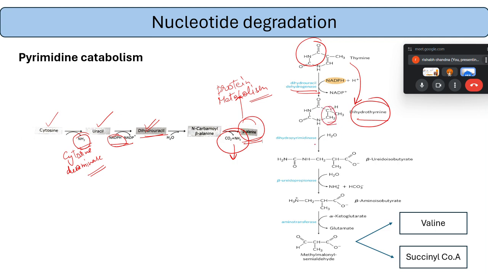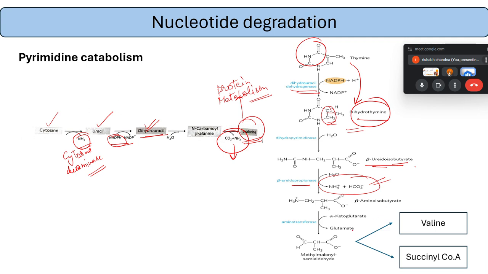Then using dihydropyrimidase, the chain is broken down, and beta-ureidoisobutyrate is formed. Now further, this particular enzyme degrades this compound and forms aminoisobutyrate, releasing ammonia and bicarbonate ions.